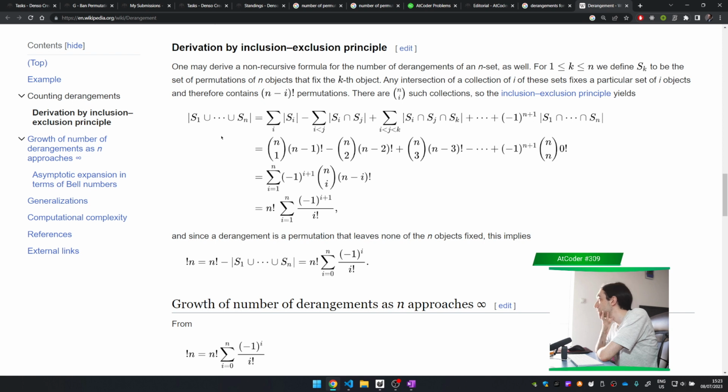So in our case we want to subtract those that fix any object, or those that fix objects at distance 1, or those that fix objects at distance 2.